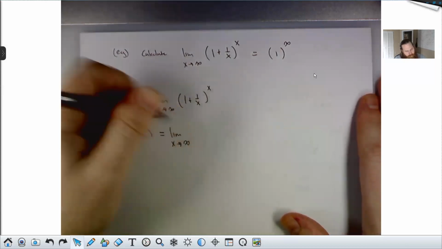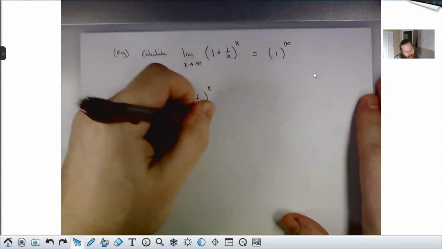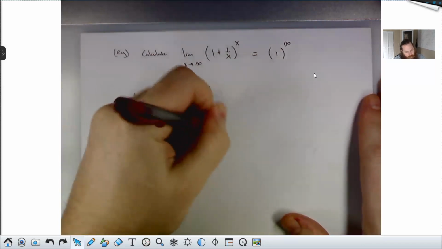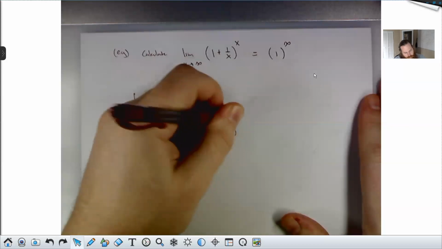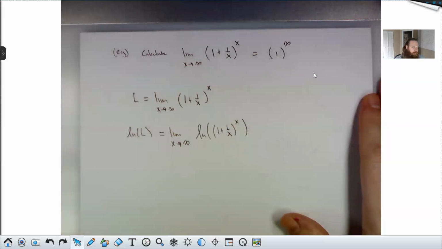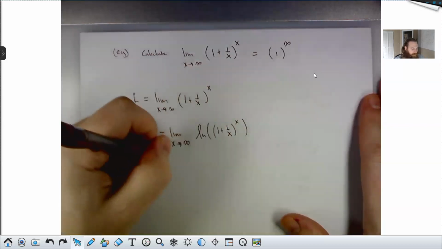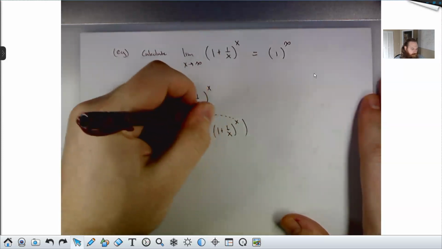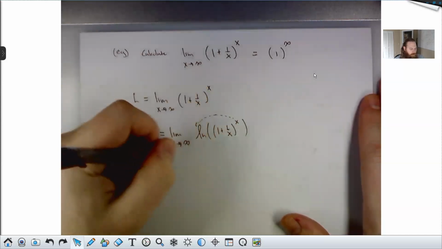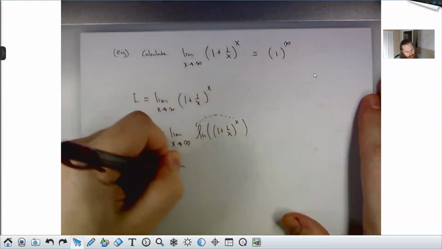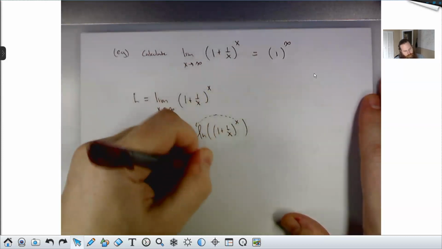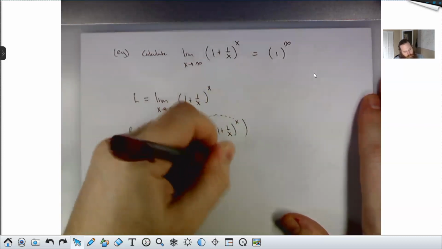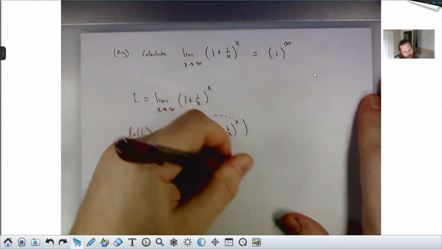So we'll just say it's the limit as x goes to infinity of the natural log of 1 plus 1 over x to the x. And then this power, using log rules, can come down again. This would be x times the natural log of 1 plus 1 over x.